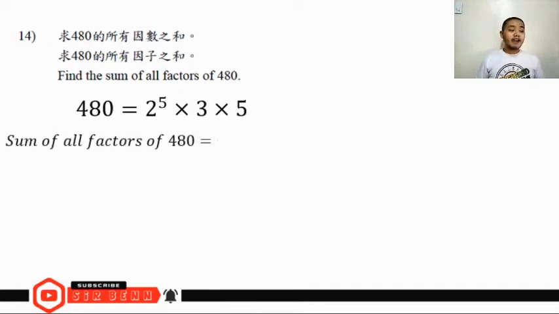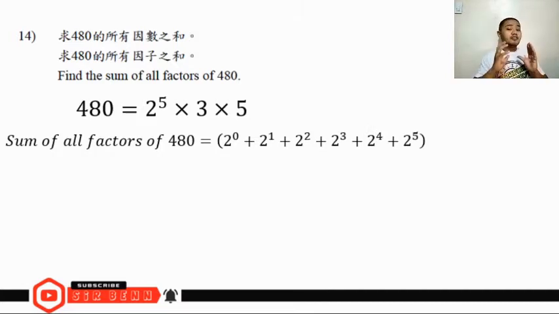The sum of all the factors of 480 is, first, the sum of 2 raised to 0, 2 raised to 1, 2 raised to 2, 2 raised to 3, 2 raised to 4, and 2 raised to 5. After getting that sum, I'm going to multiply it by the sum of 3 raised to 0 and 3 raised to 1. After multiplying those sums, I'm going to multiply the product by the sum of 5 raised to 0 and 5 raised to 1.